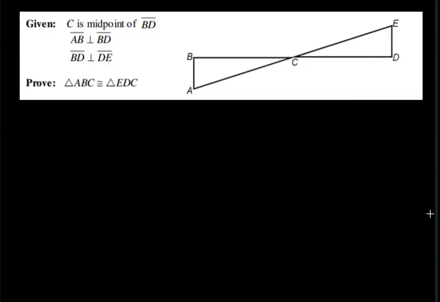It says given C is the midpoint of BD, AB is perpendicular to BD, and BD is perpendicular to DE. Prove those two triangles are congruent. Let's plug in the information they gave. First by saying C is a midpoint. By saying that C is a midpoint of BD, I know this segment has to be congruent to that segment by definition of a midpoint.